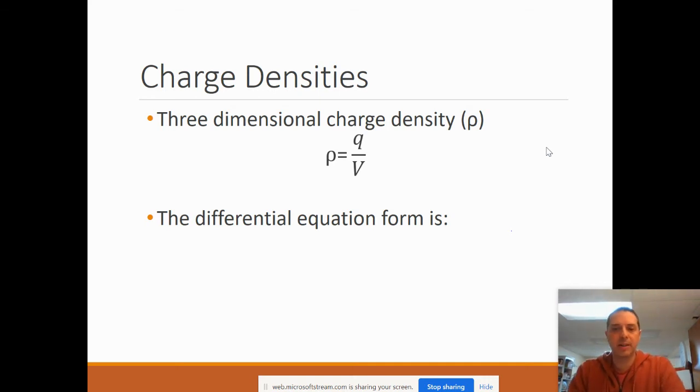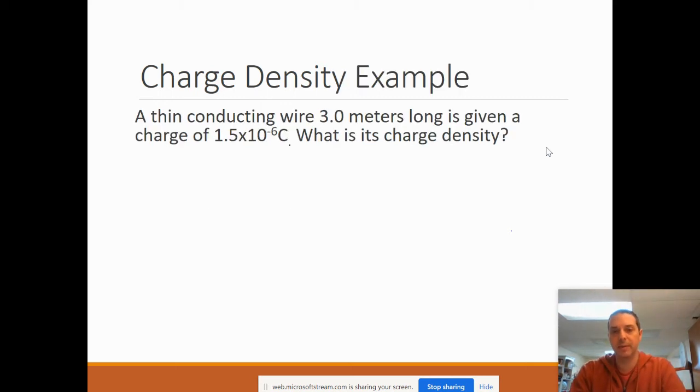So when we talk about charge densities for volume, these will only occur in insulators, where the charge is held in place because the insulator doesn't let the charge move. As a differential equation, that's going to be rho, the charge density operator, is equal to dq/dV. So here we have our three charge density operators.